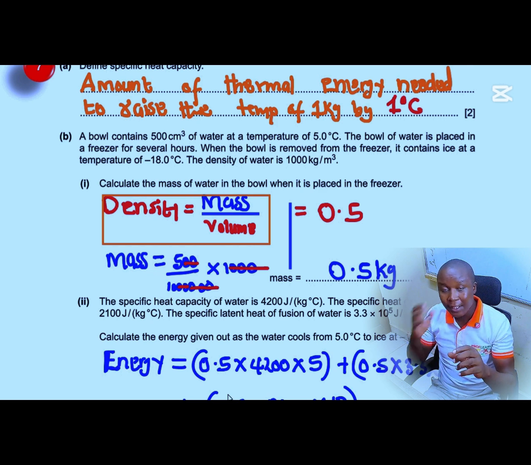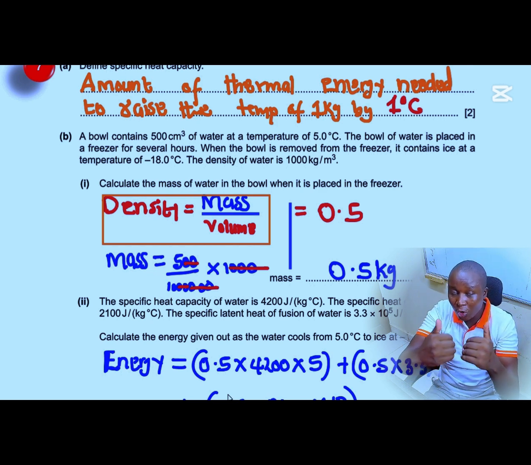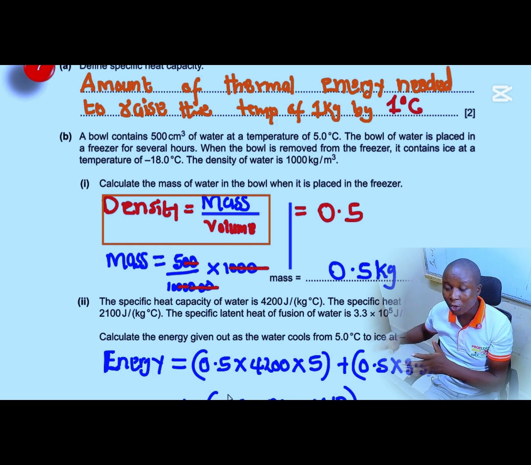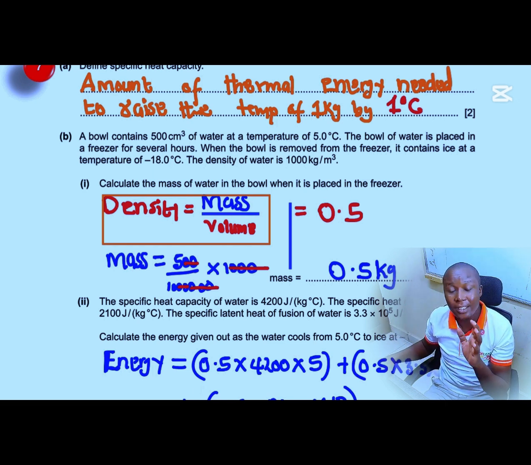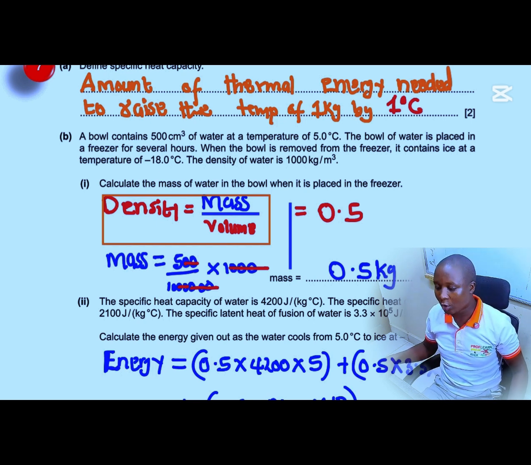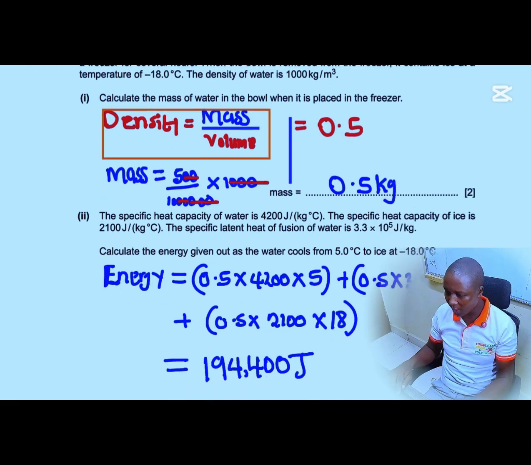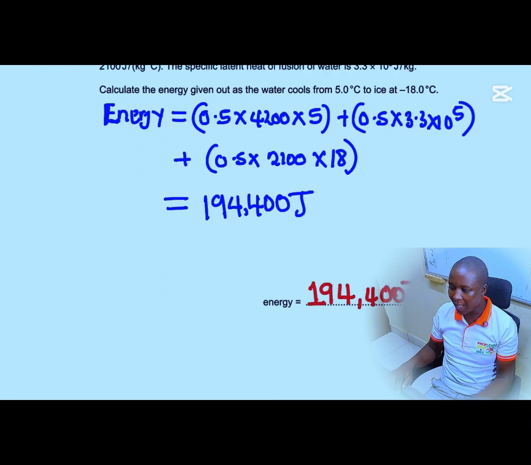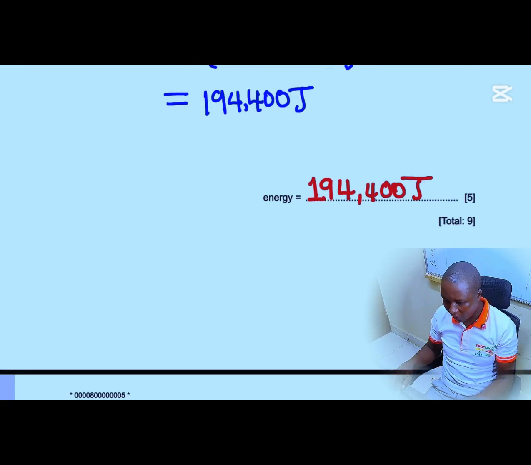Then plus, when ice is dropping its temperature from 0 all the way to negative 18, the temperature change there will be 18. So we are going to use the mass of ice times the specific heat capacity of ice times 18. If you work it out, you are going to get your answer equivalent to 194,400 joules of energy.